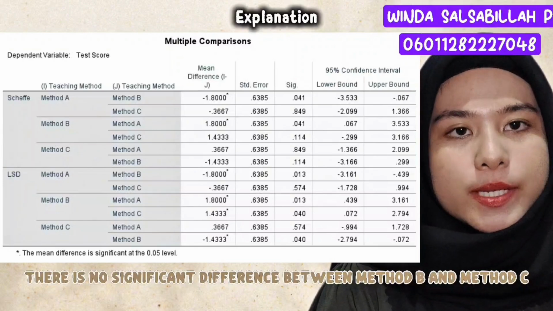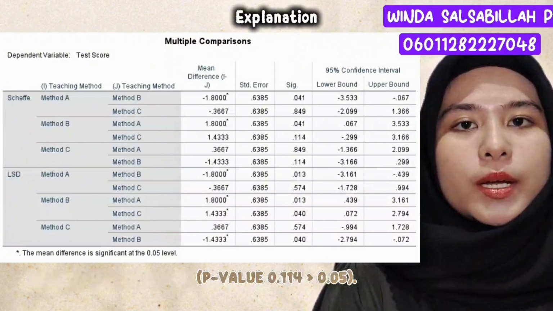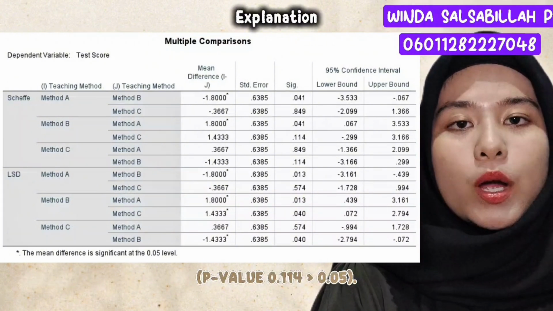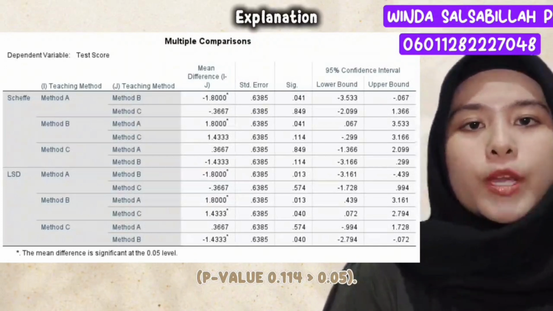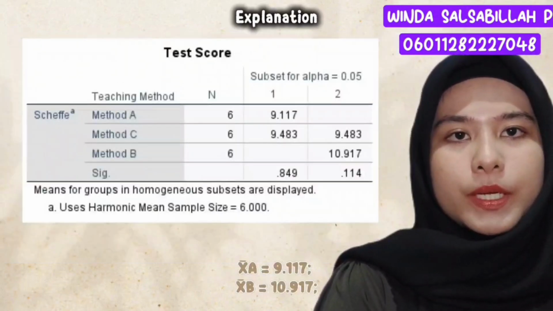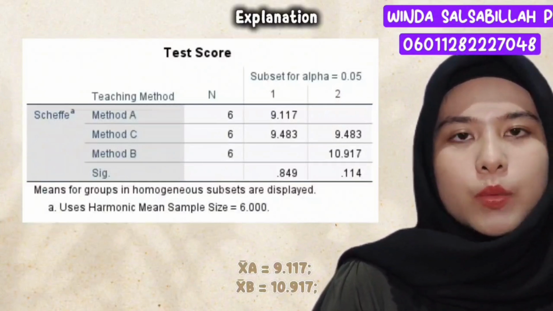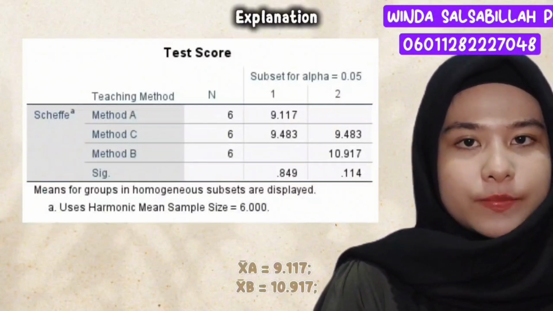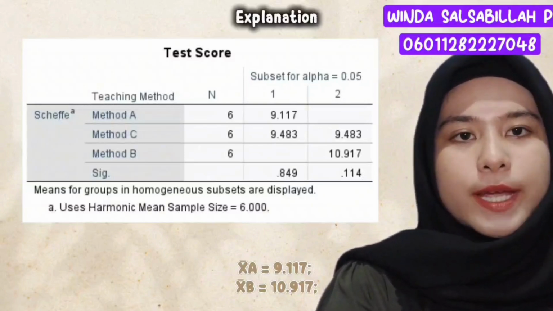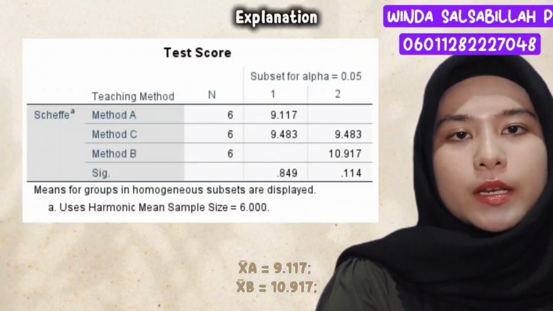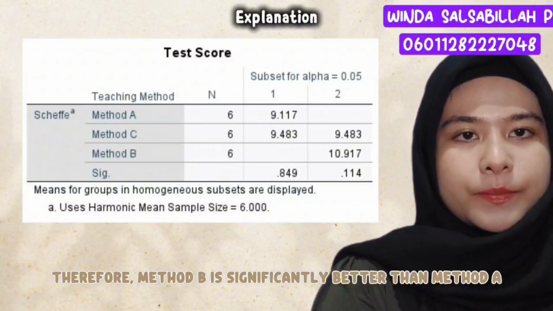There is also no significant difference between method B and method C, with a p-value of 0.114, which is also greater than 0.05. The mean of group A, written as x bar sub A, equals 9.117. The mean of group B, x bar sub B, equals 10.917. Therefore, method B is significantly better than method A.